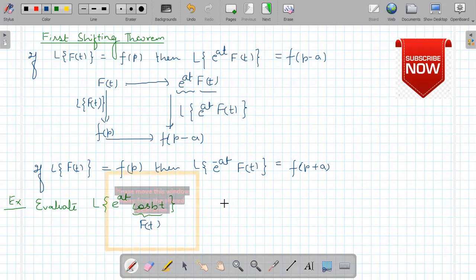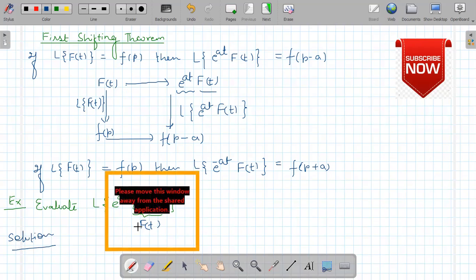So in the solution, we first of all find the Laplace transform of cos of bt. So we let f(t) be equal to cos of bt.